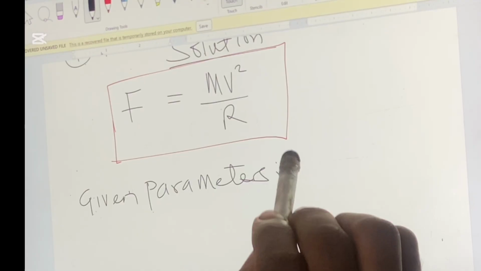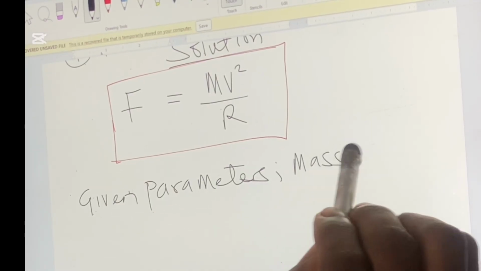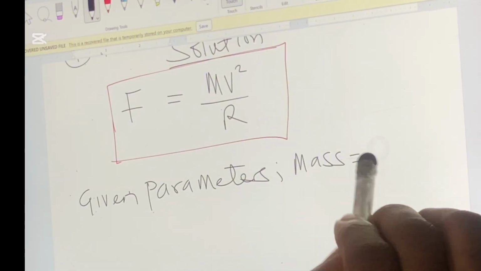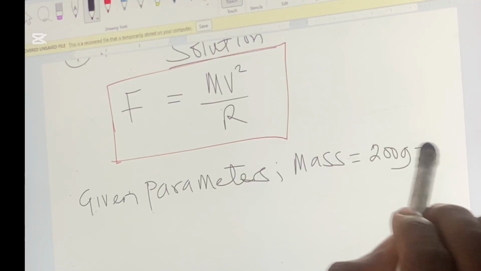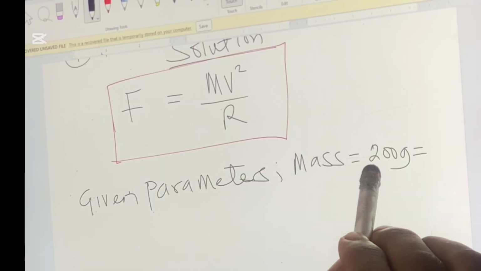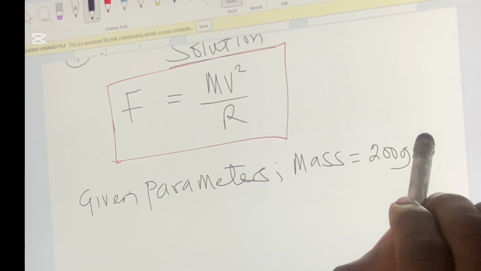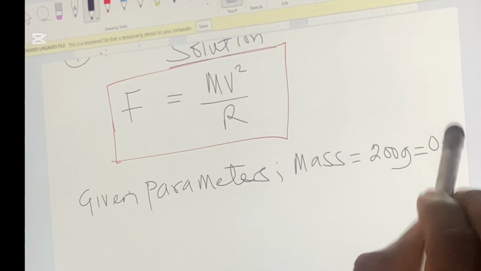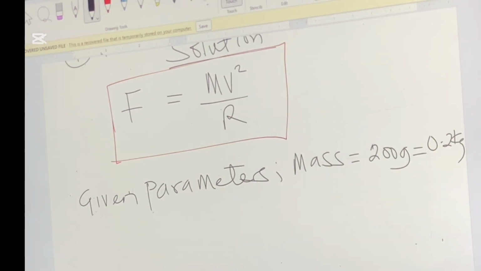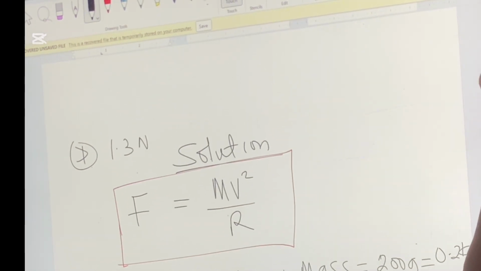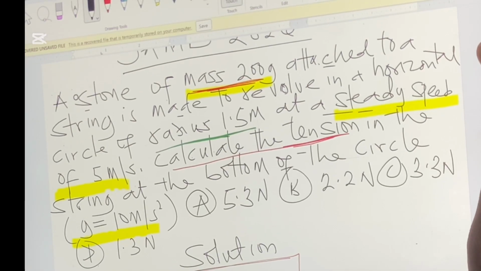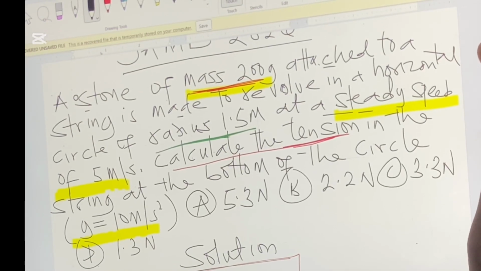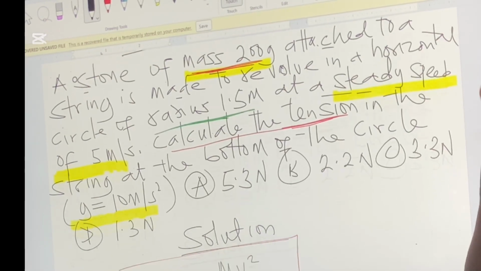The given parameters here are mass, given to us as 200 gram. Convert this to kg, that is divide by 1000. I will have 0.2 kg, okay? Let's list out the next parameter there. The next parameter in this is radius, okay?